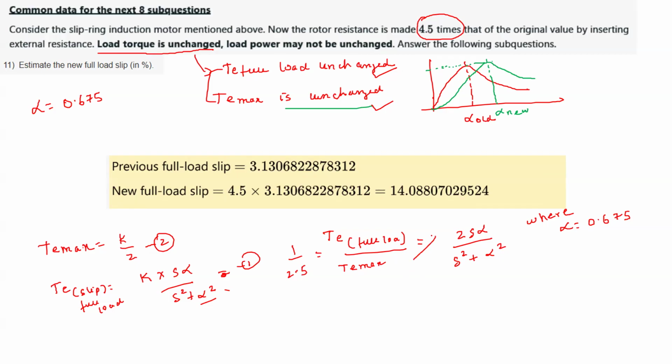Okay, so if you cross multiply, you will get S square plus alpha square minus 5S alpha equal to 0. So this is your quadratic equation, where now the alpha is 0.675. So I just want to solve this.